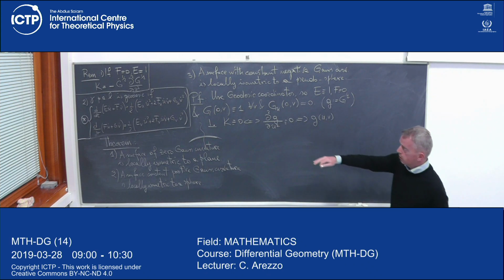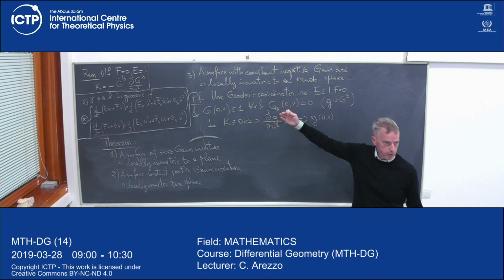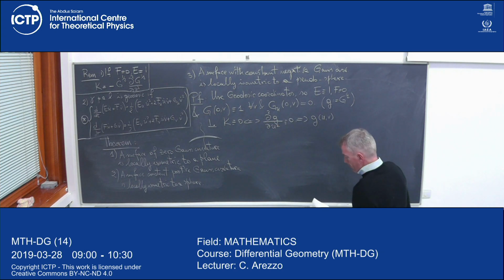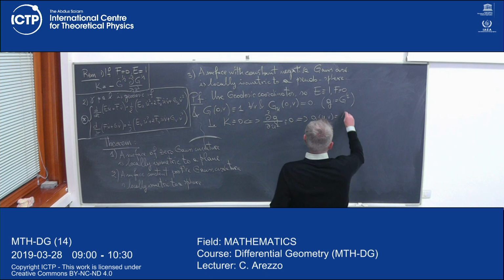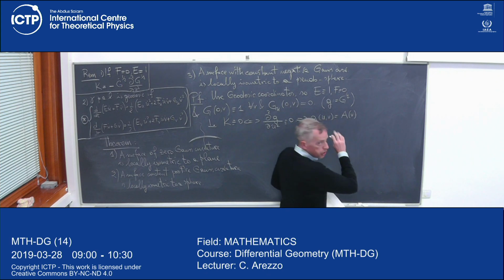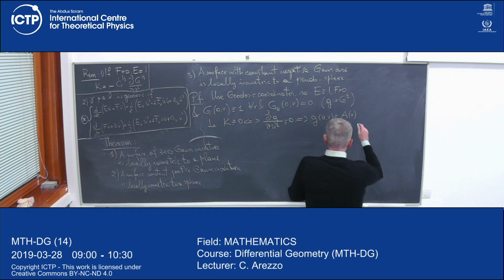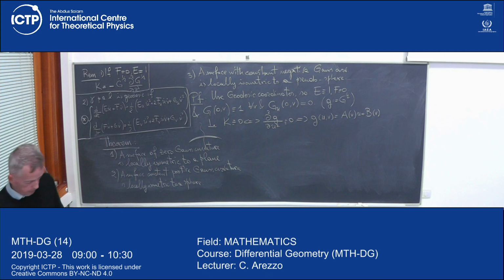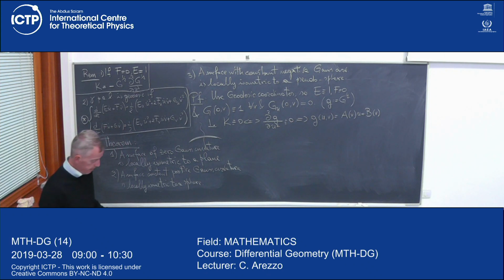This equation is not yet strong enough to tell me the behavior in v. So I can write it as some function a of v, times u, plus b of v, for some functions a and b.